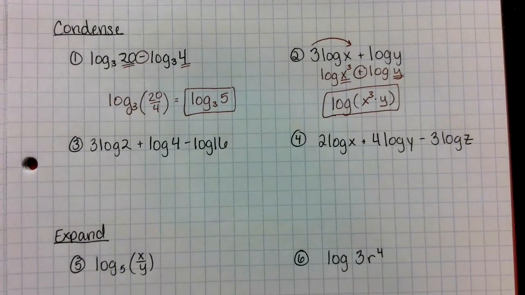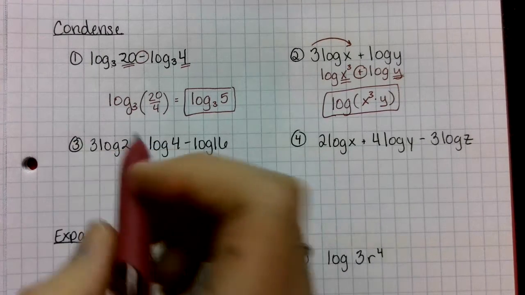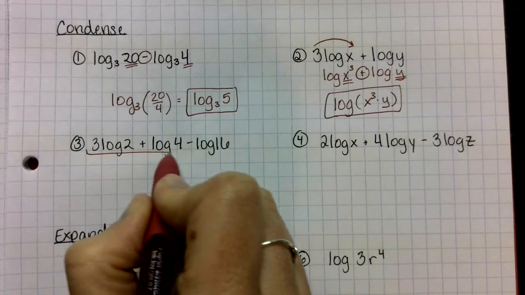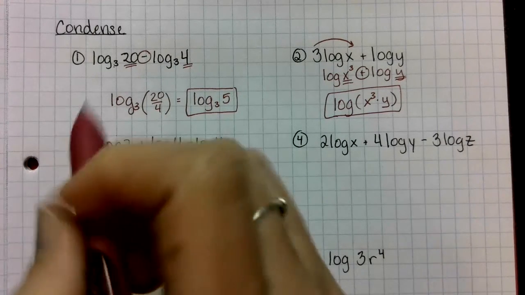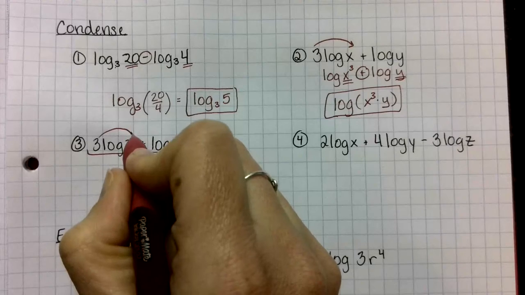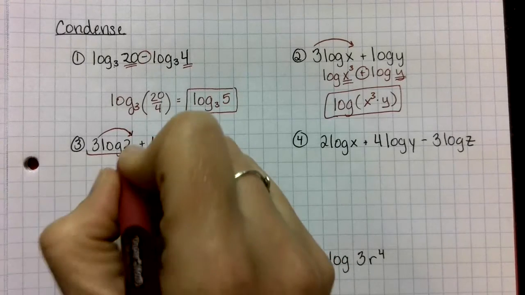Now, I added in some slightly more complicated examples. We have 3 logs. Unless things are grouped together in parentheses, which they're not, you simply go left to right. So what I'm going to do is look at these two first, and I'm going to follow my properties to condense these. Then I'll factor in the third one. So the first thing that I see is the 3 needs to come up.